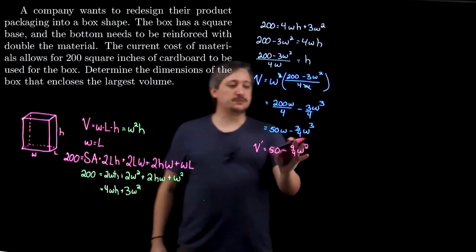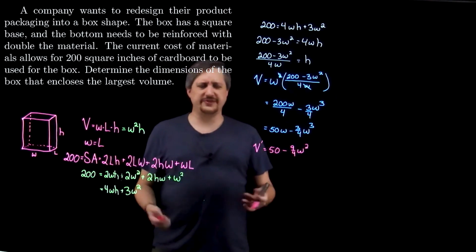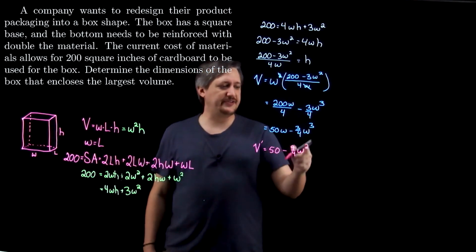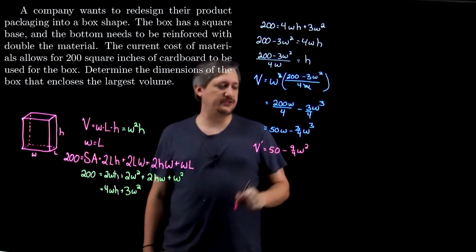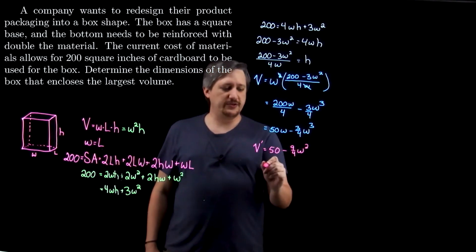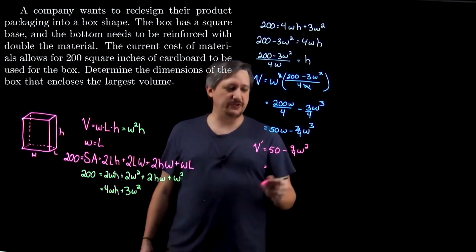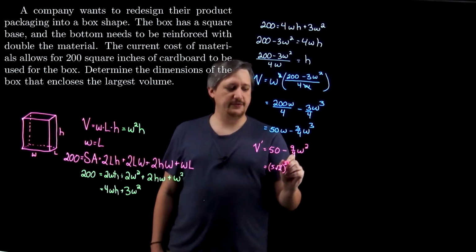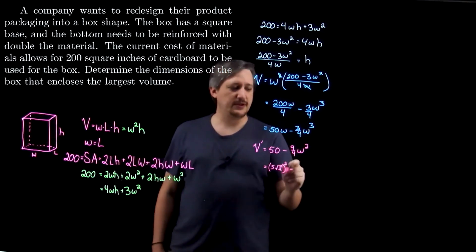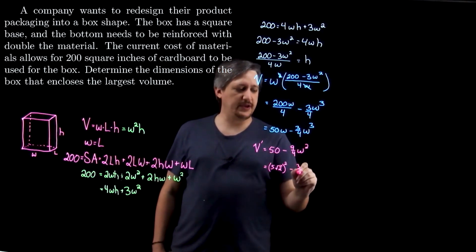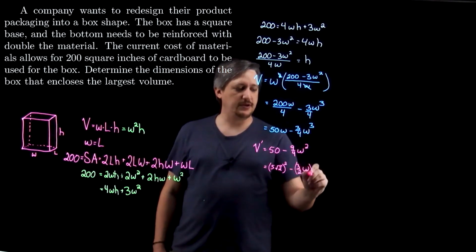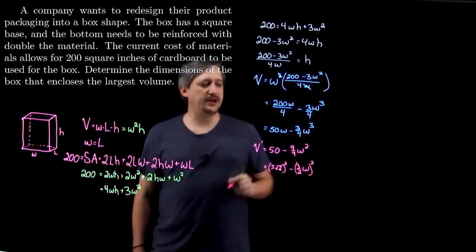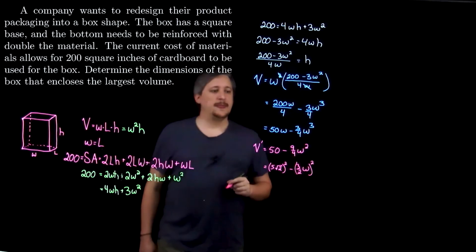So I can interpret this as a difference of squares, as weird as that is, because I can think of this thing as being something squared and this thing as being something squared. So in particular, if I actually did out the square, this would be (5√2) squared. So that's just taking the square root of 50. And this would be (3/2 w) quantity squared, again taking the square root of 9/4 w squared.